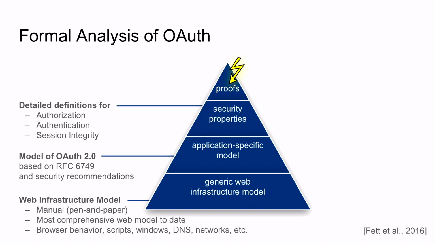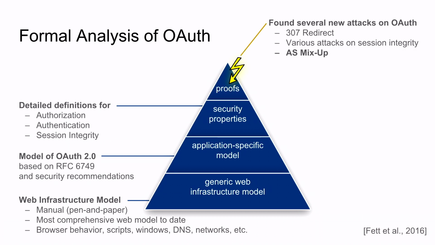Then in the next step, I provided detailed definitions for authorization, authentication, and session integrity, where session integrity covers things such as session swapping attacks. And then I tried to prove the security. And I failed, because I found attacks.